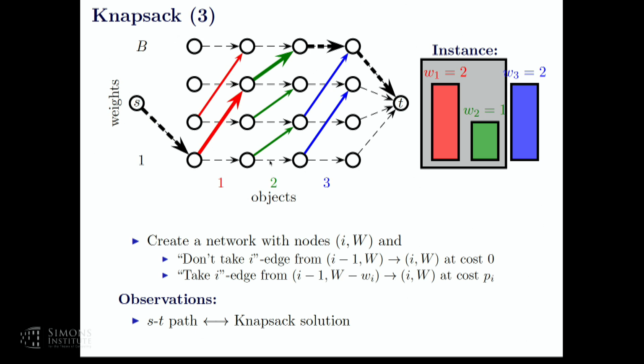Now we have everything nicely in place. Now we just need a linear program that finds us the maximum cost path in this network. And that is a well-known thing. Essentially, the idea is you want to send a flow of capacity 1 from S to T, and you want the cost of that flow to be maximized.